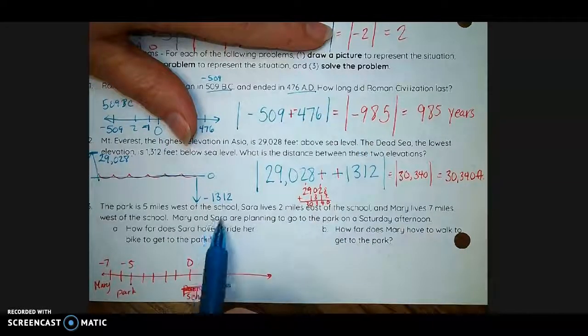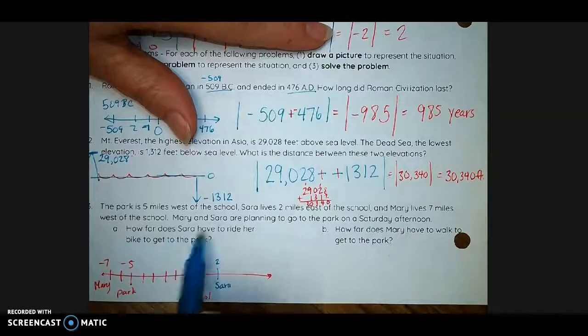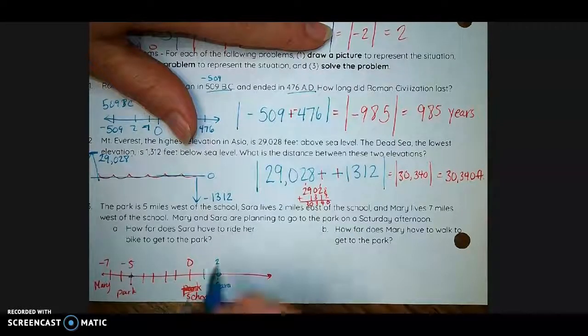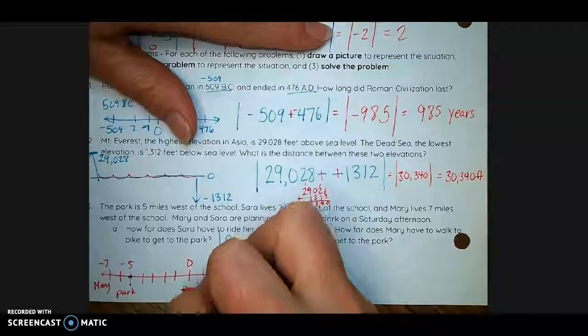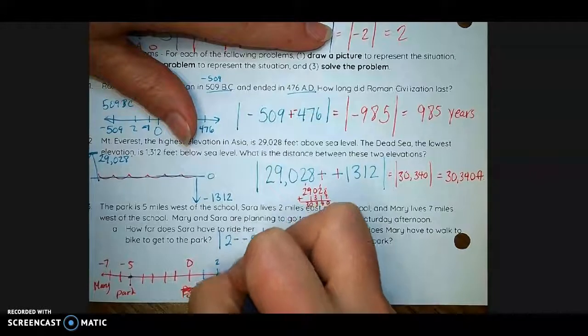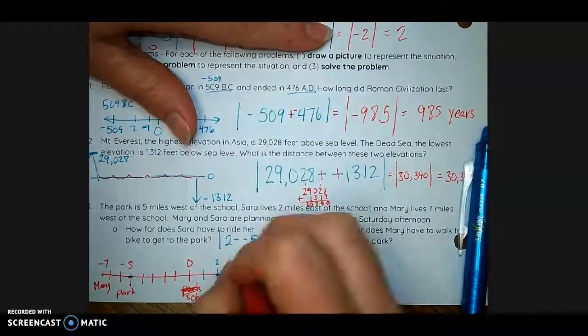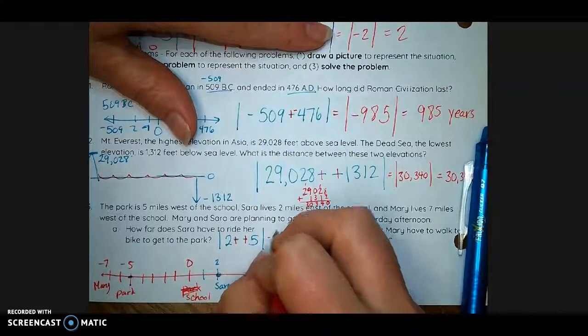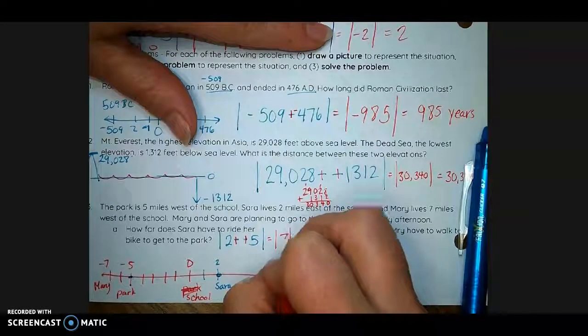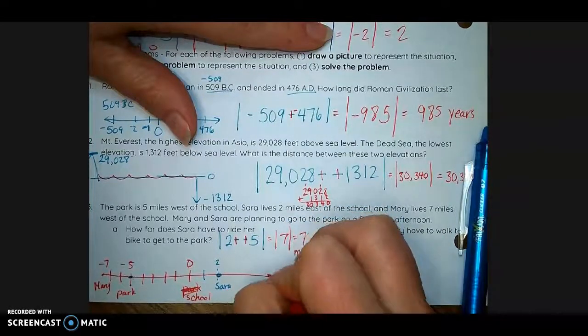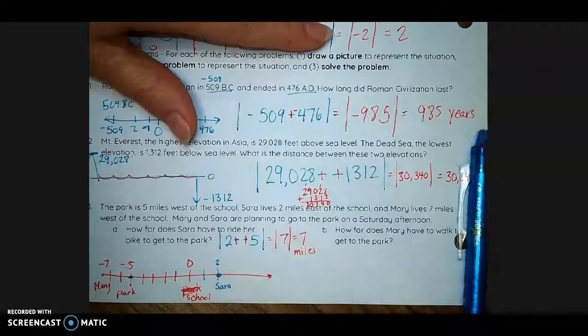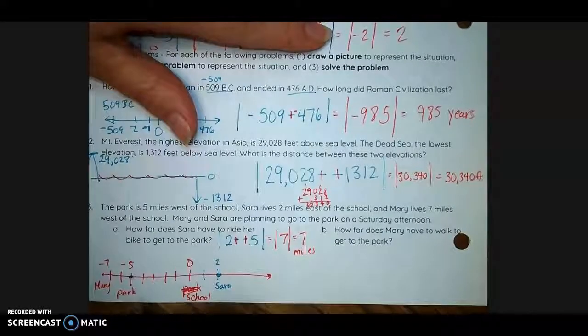So our first question says, how far does Sarah have to ride her bike to get to the park? Well, Sarah has to go from all the way here to down here to get to the park. She has to go 2 minus -5 is her distance. So poor Sarah has to travel 7 miles to get to the park.